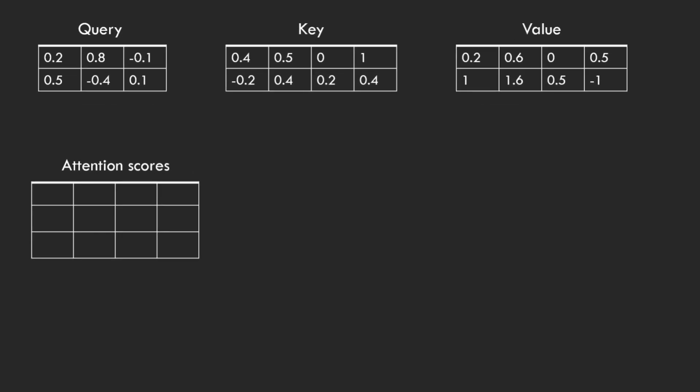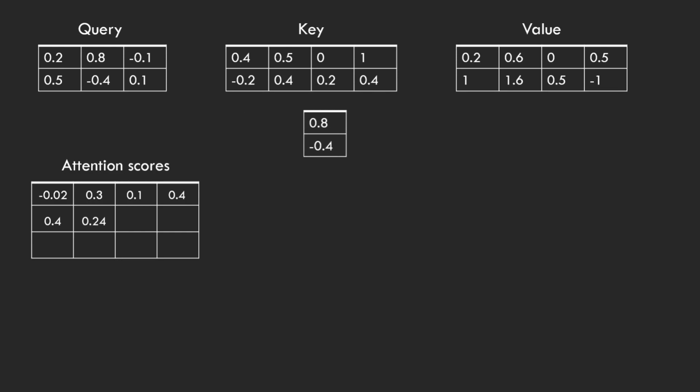Suppose we have a sequence of 3 vectors which act as our queries, and a sequence of 4 vectors acting as our keys with corresponding 4 value vectors. We want to calculate how much attention each query element pays to the key value pairs by measuring how similar the different query and key vectors are. For that, we calculate a dot product between the query and the key vectors.